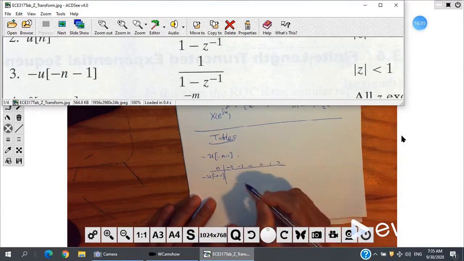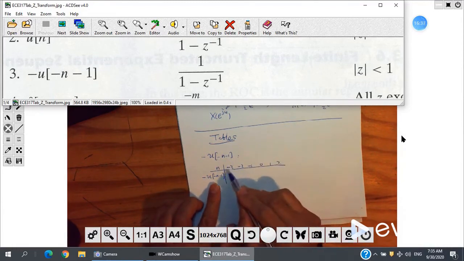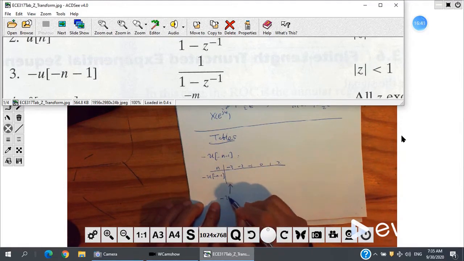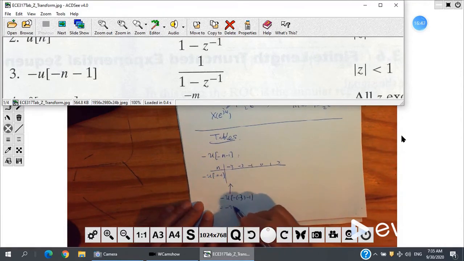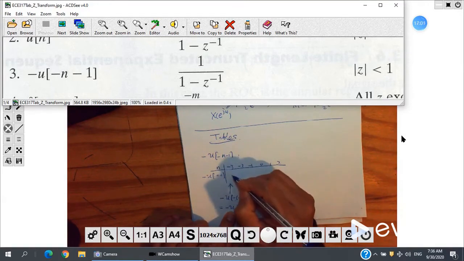Then I plug in negative 3, so this will be negative of u of negative 3 minus 1. So this is negative u of 2, since negative 3 becomes positive 3 minus 1. So it is u of 2, and u of 2 is 1. So this is negative 1.